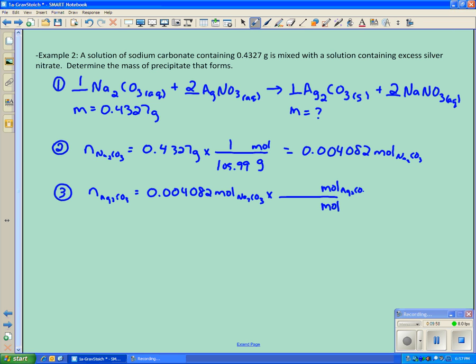We're canceling moles of sodium carbonate, so they go on the bottom. And back up in the balanced equation, we see that that's a 1 and a 1.